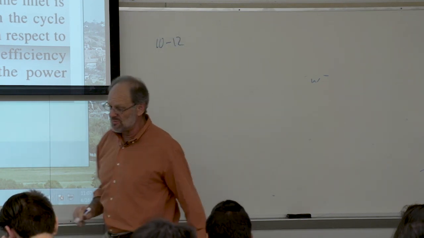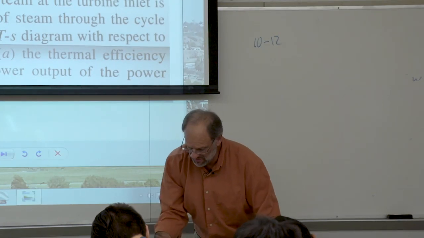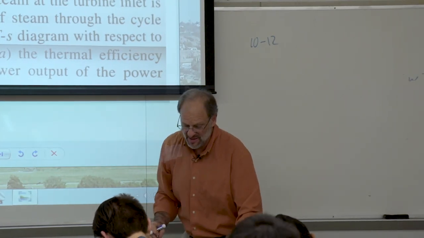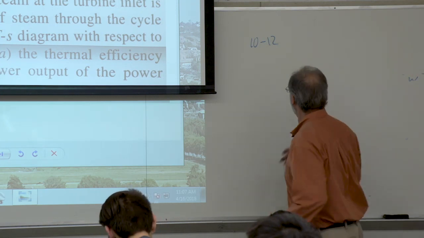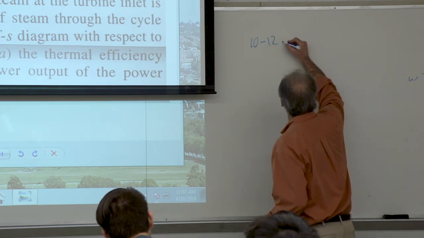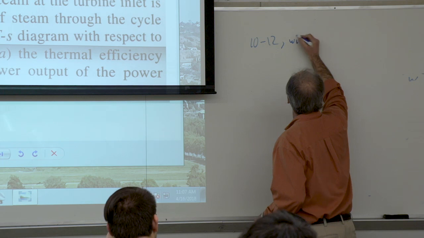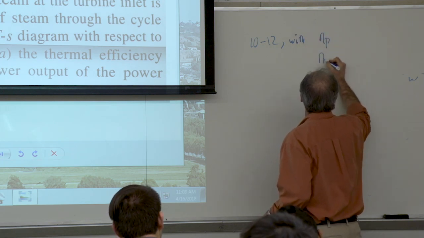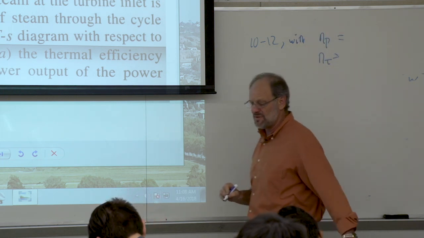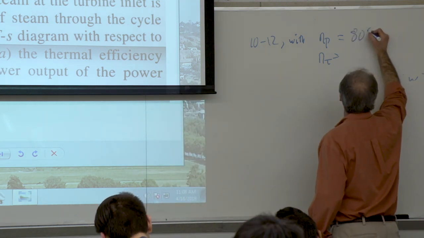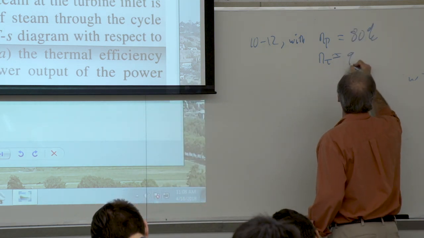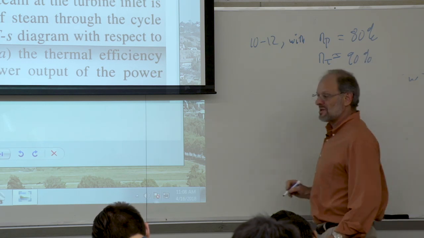Why don't we just do problem 1012, but this time, instead of assuming that it's isentropic, it's not isentropic anymore in the turbine and the pump. So let's do the same problem, but given pump and turbine isentropic efficiency. So why don't we say the pump's isentropic efficiency is 80%, and the turbine's is 90%.